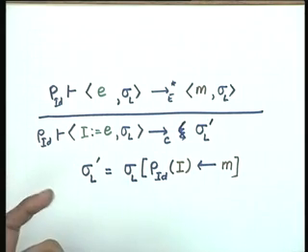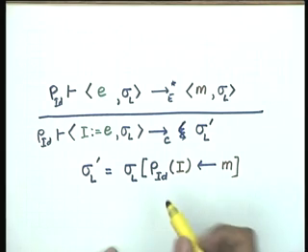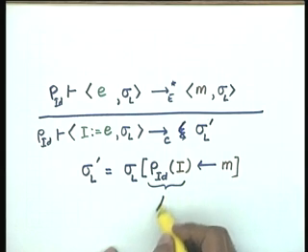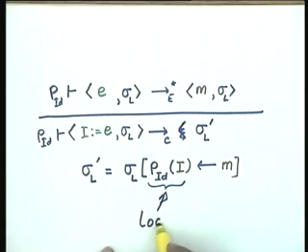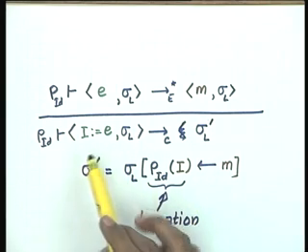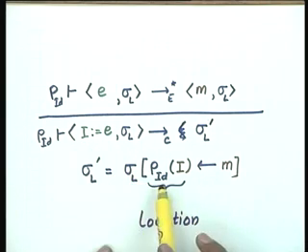So the difference is that here, this is actually a location, and in the case of an assignment this is clearly an L value.